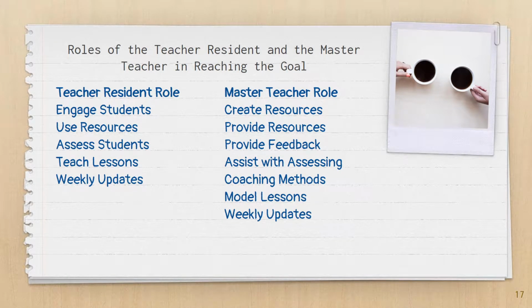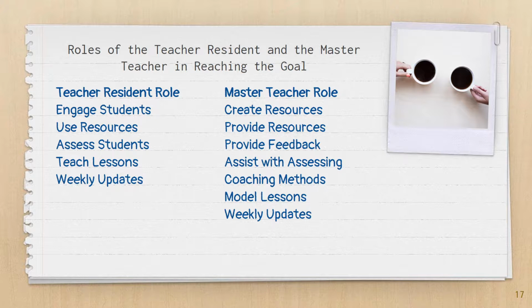So the next part to think about are the roles. What will my role be, and what will the teacher resident's role be? For the teacher resident, she's going to definitely have to engage the students, use the resources provided. If she wants to find more or create, that's great too. She's going to need to assess the students to see if they're reaching their goal, teach the lessons, and she and I are going to have to touch base and do the weekly updates.